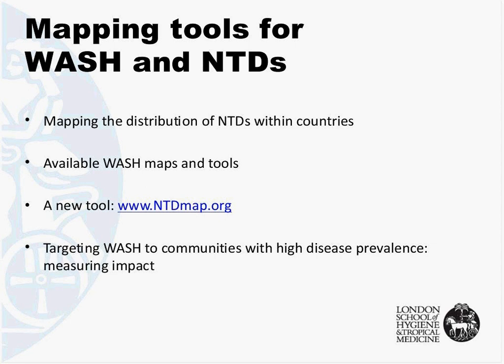And then a new tool which we've developed that will allow the overlay of these different map sources of data to get a better understanding of where we see lots of worms and where we see very poor coverage of sanitation. And then I'm just going to touch briefly on targeting WASH to communities with high disease prevalence, so how we can use that tool to better target our programs and also measure program impact.